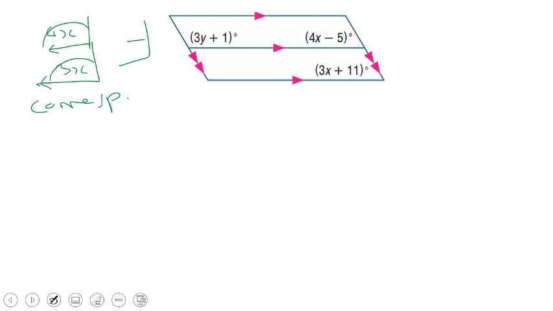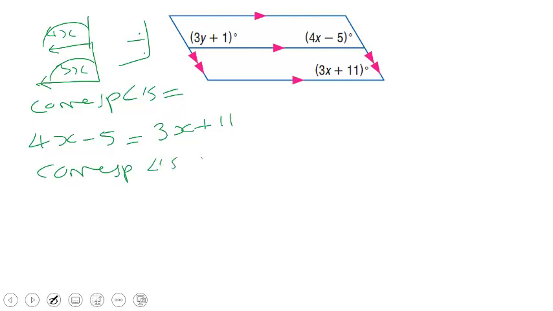So let's go with that. Corresponding angles are equal to each other, right? So 4x minus 5, that's this one, is equal to 3x plus 11, that's that one, because corresponding angles are equal to each other.